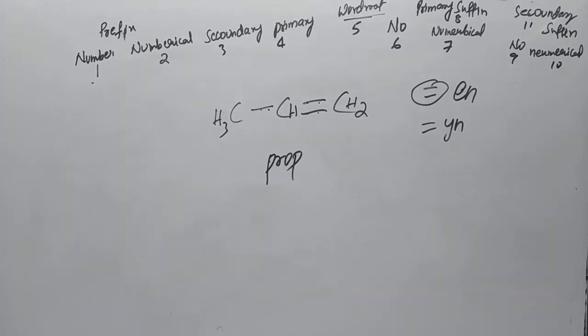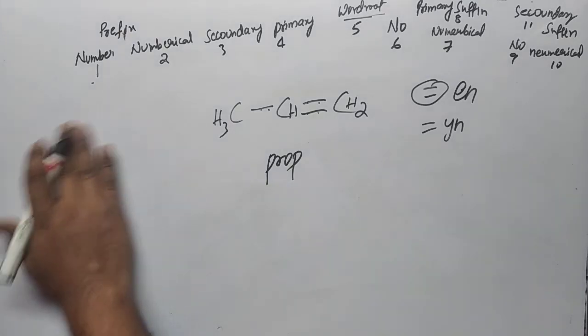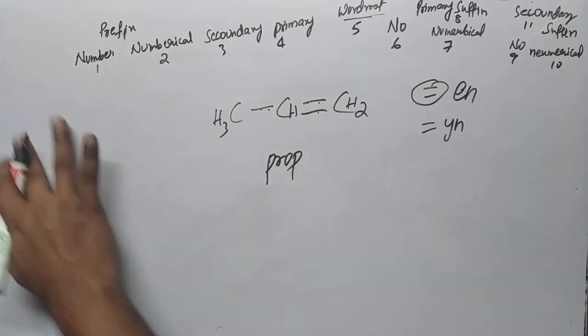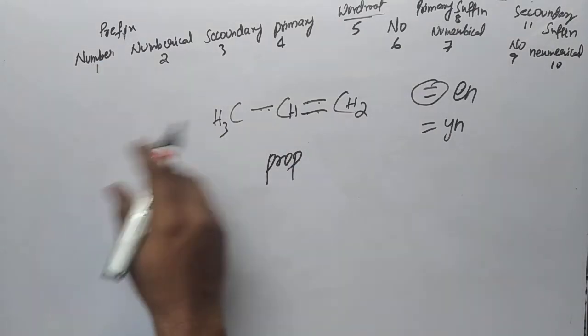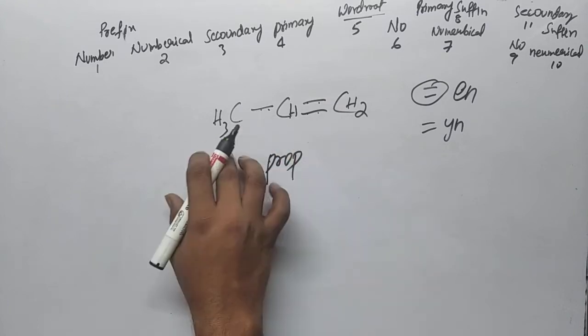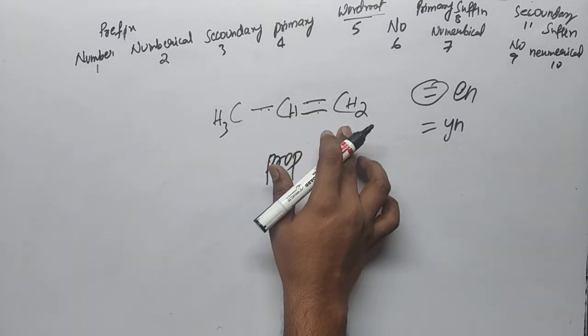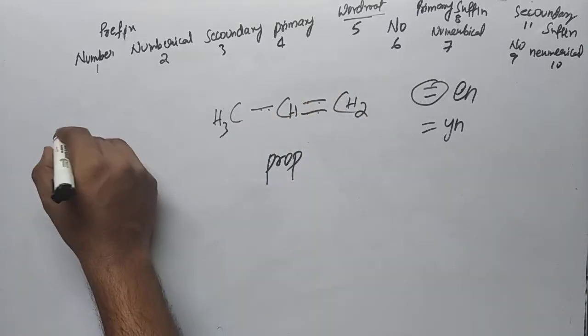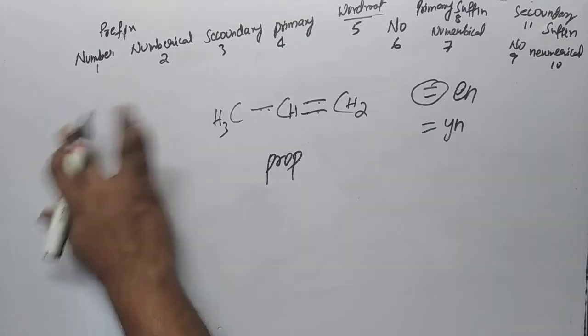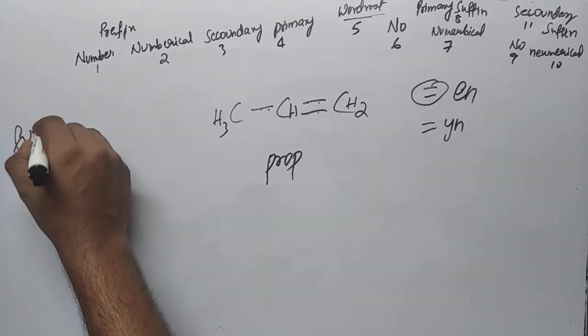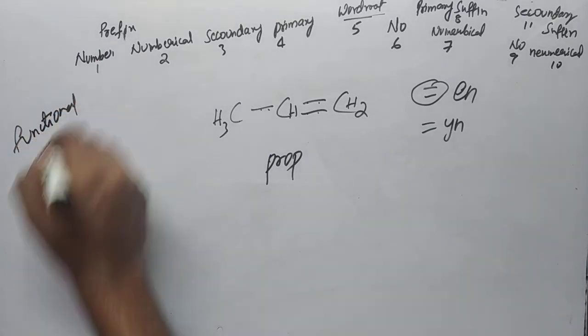If you are going to number, there is an order in the numbering rule. We can number from anywhere, left to right or right to left, but there is a condition: the double bond is the functional group, and whenever you have a functional group, it has to be given the lowest number.